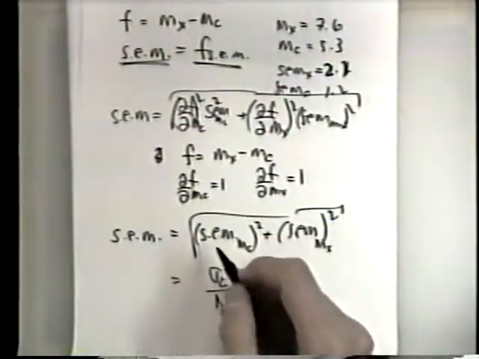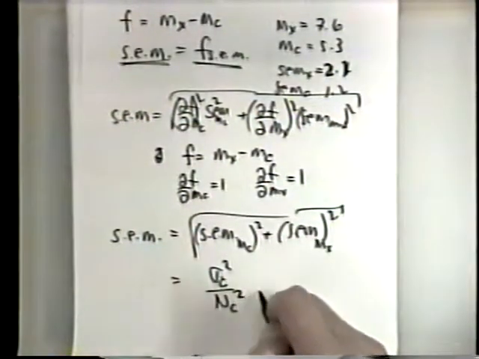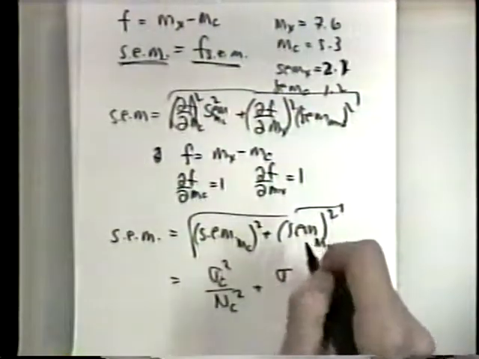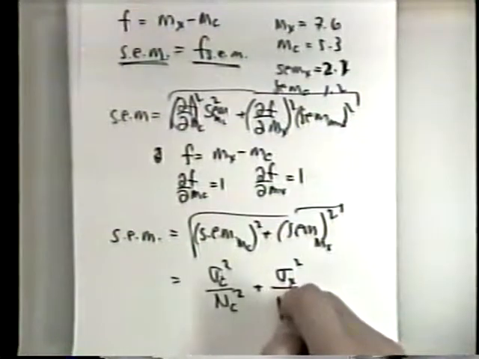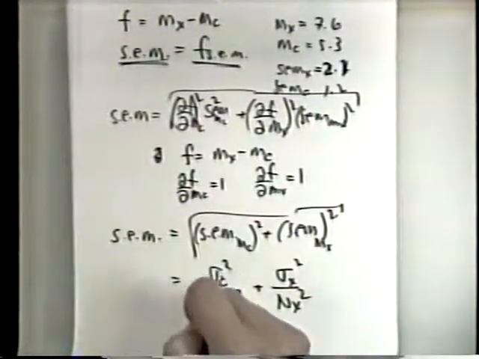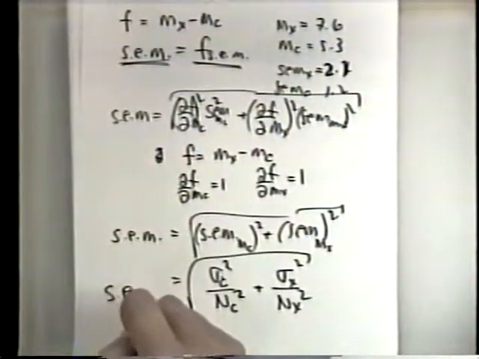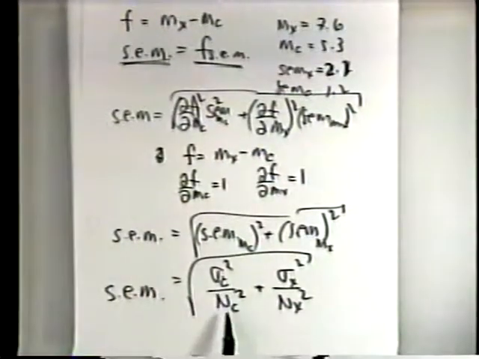So that's this thing squared. So let me square it. Plus this thing is the experimental group standard deviation of the population divided by the square root of nx, squared. So this SEM of the combined group is like this for the individual groups. Okay?